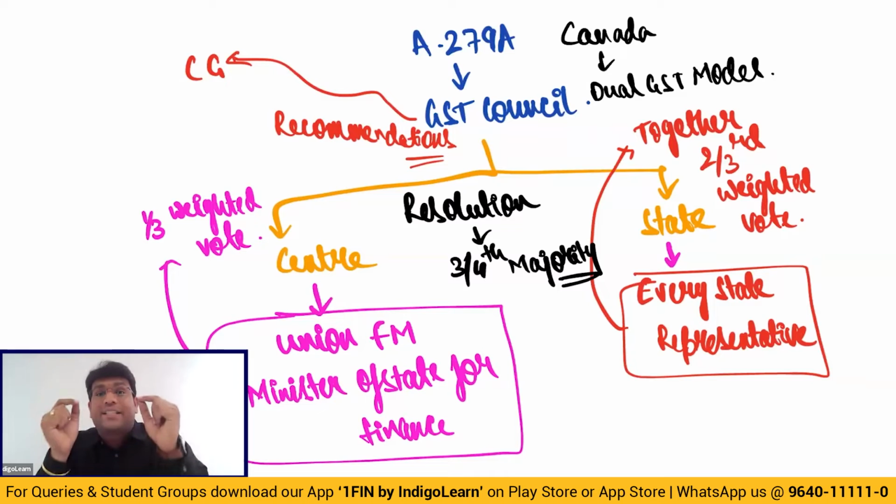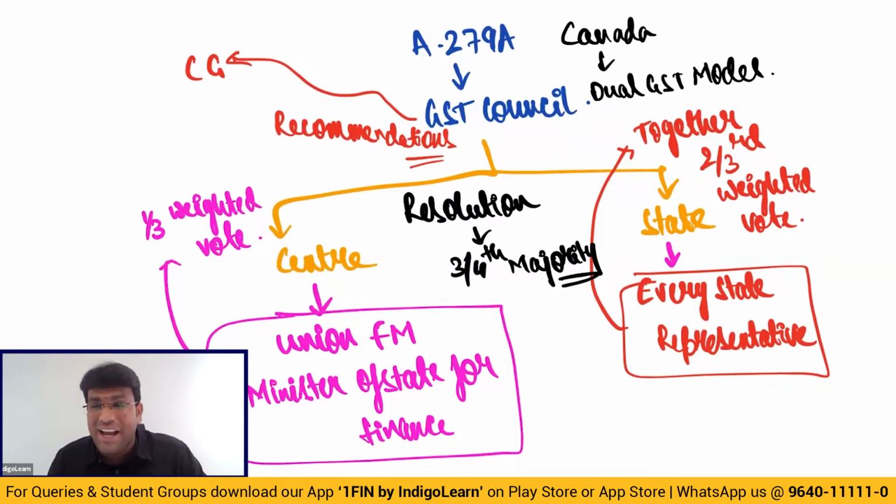But there was never a tax in India levied by center and state together. For the first time in the history of India, in 2017, they brought one tax levied by center and state together. That is the reason why there was a need to amend the constitution. They brought the Constitution 122nd Amendment Bill 2016, which has subsequently become the Constitution 101st Amendment Act.